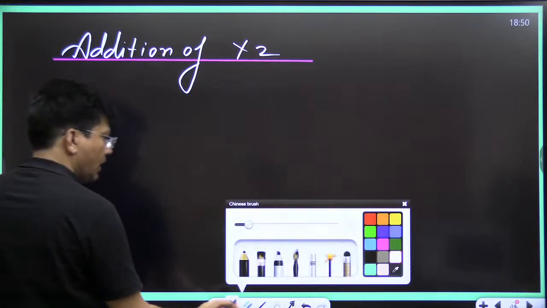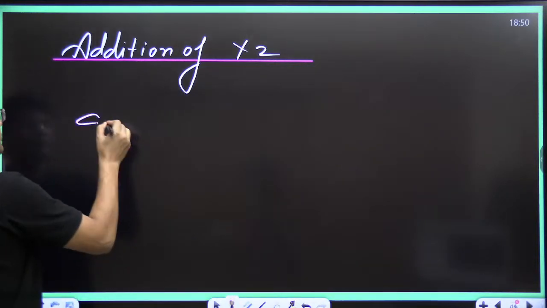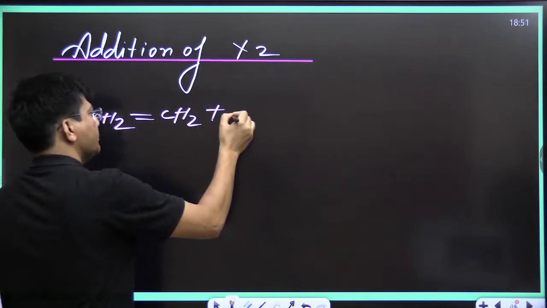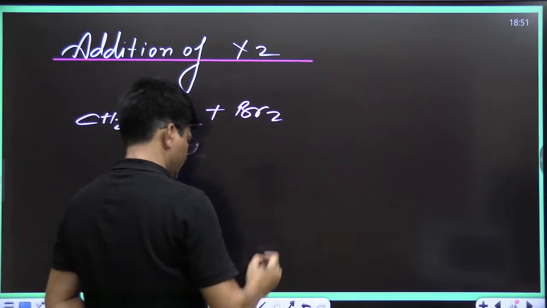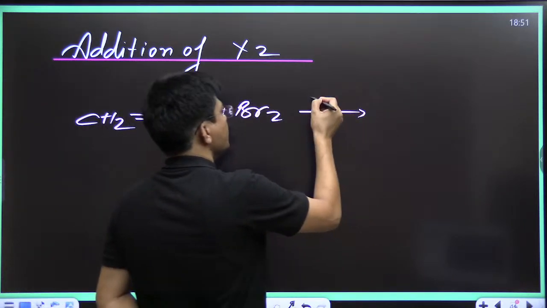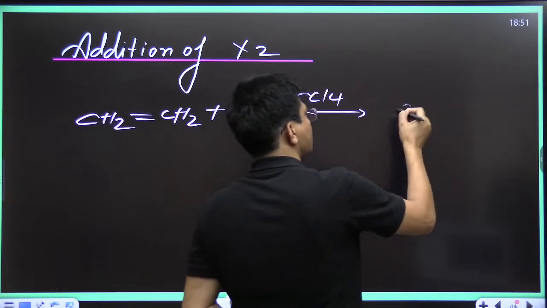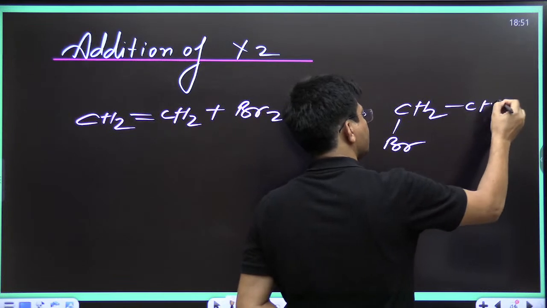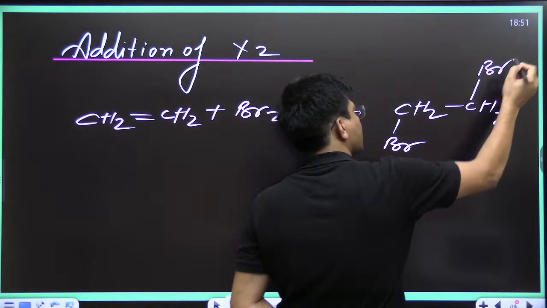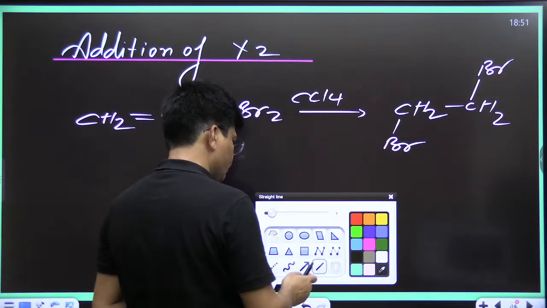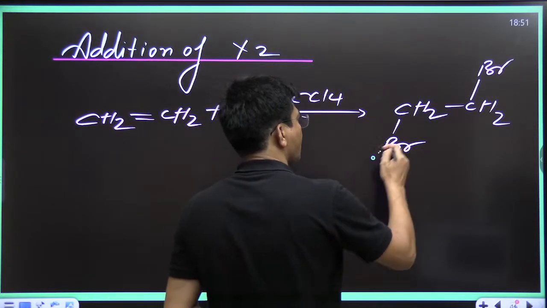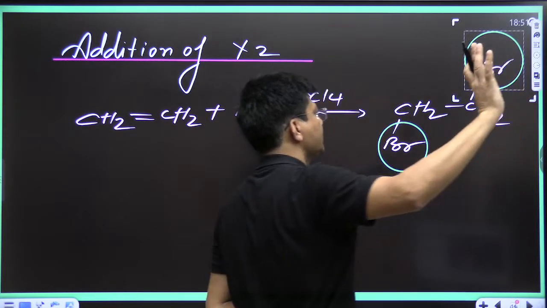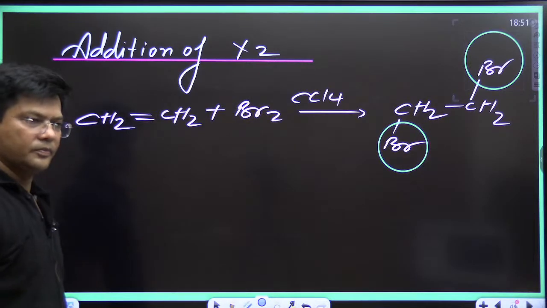Number of times you must have seen in the hydrocarbon chapter, class 11th NCERT, whenever they add Br2 in CCl4, they will write it like this: one Br on this side, one Br on that side. Have you ever seen this, my dear friends?